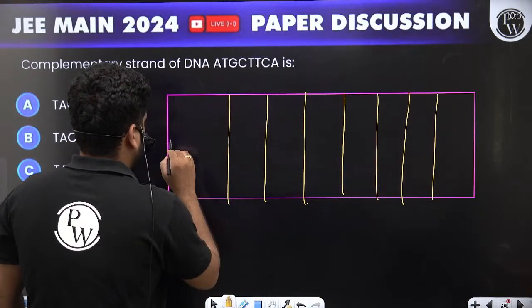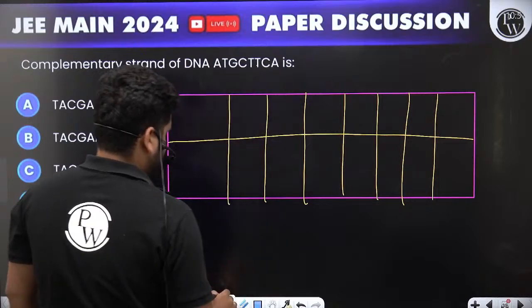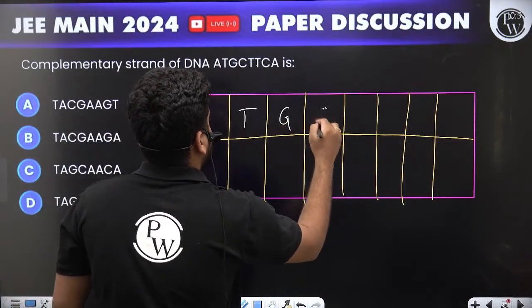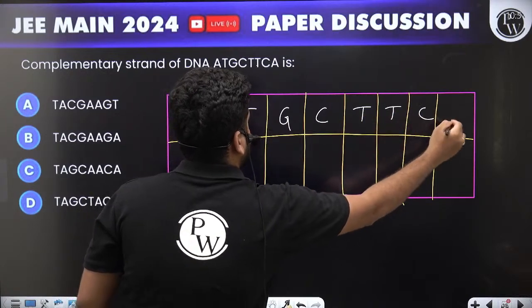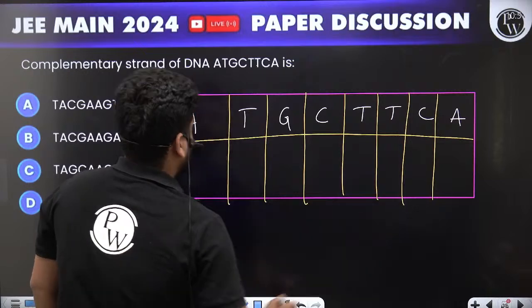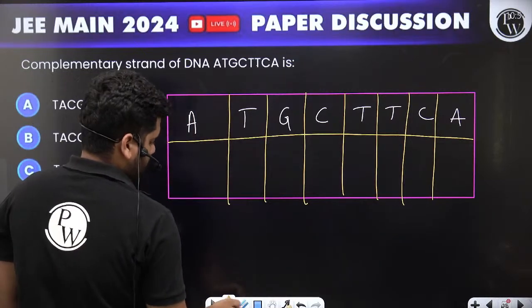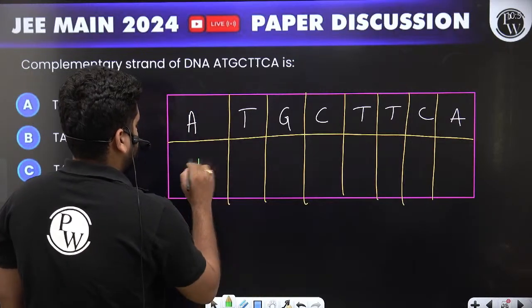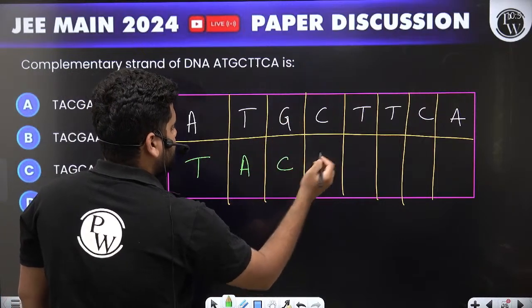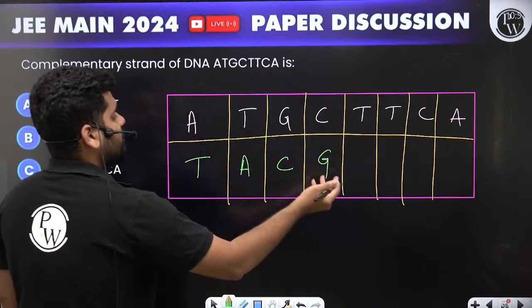Okay. Right. Now, we have ATGC, TTCA. Now, adenine complements with thymine, thymine complements with adenine, guanine complements with cytosine, cytosine complements with guanine. This is what we need to do.